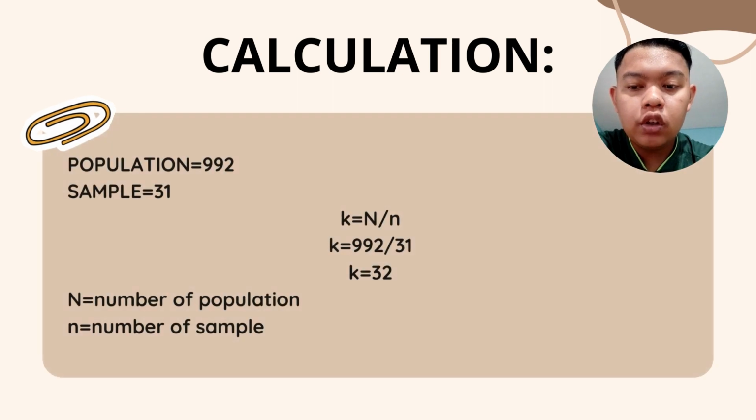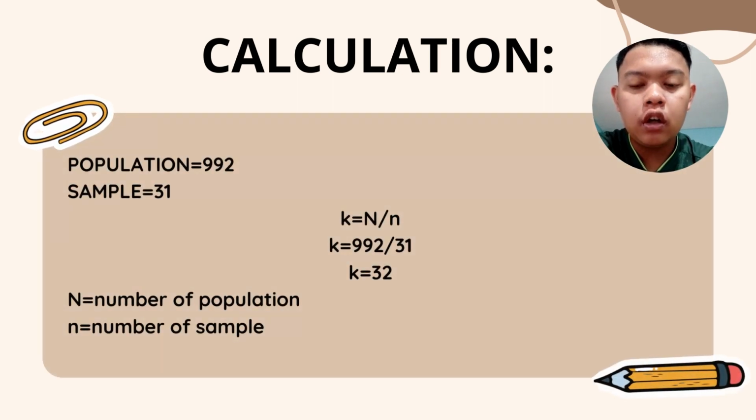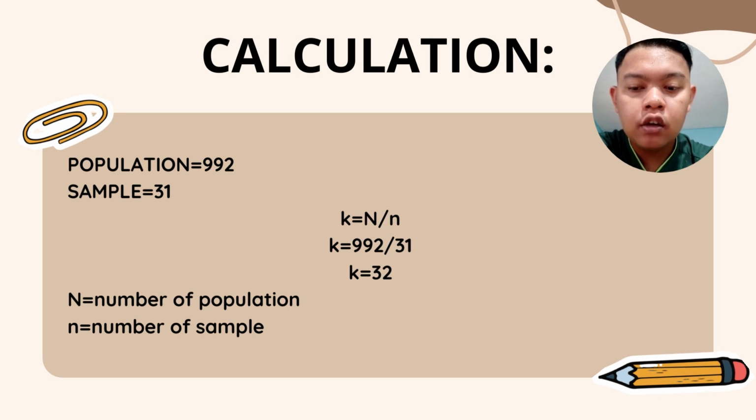Next, we go to the calculation. The calculation is K equal to capital N, which refers to the number of population, divided by small n. The small n refers to the number of sample. K equal to 992 divided by 31, and the answer is 32.